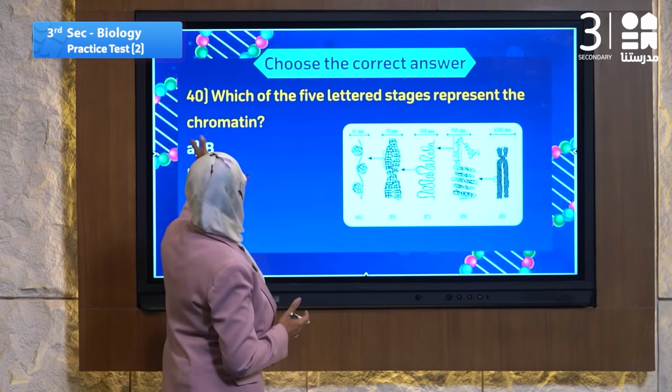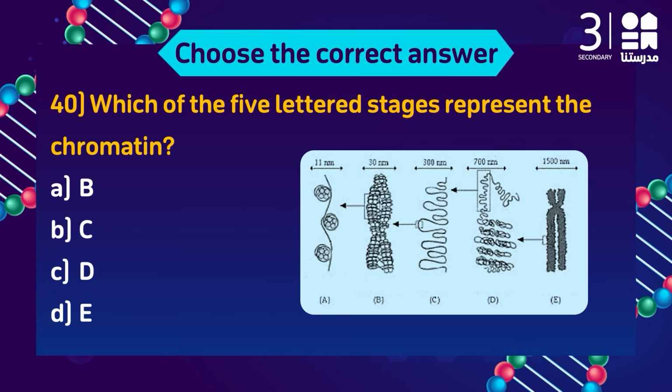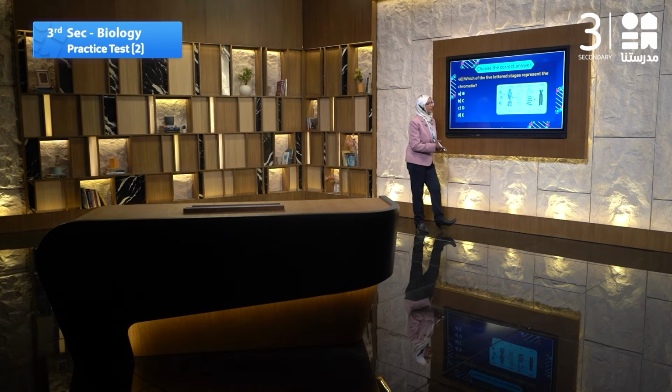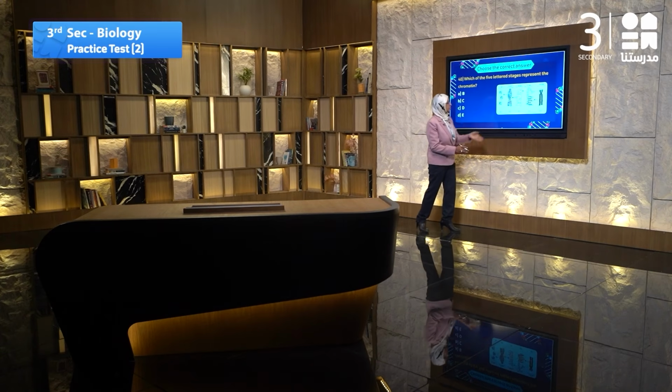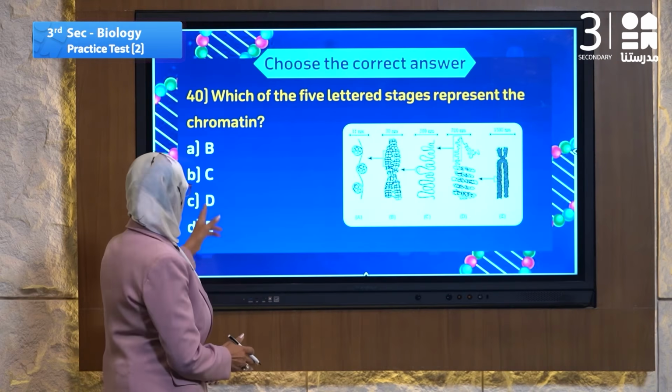Let's go to the question. 40. Which of the 5 lettered stages represents the chromatin? Oh, the chromatin. We labeled it before, so the chromatin is number C.